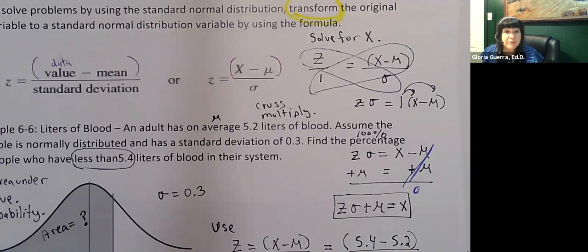They're going to be giving us the percentages, the areas, so we can use the inverse norm formula for that. And then also look for that on the table.